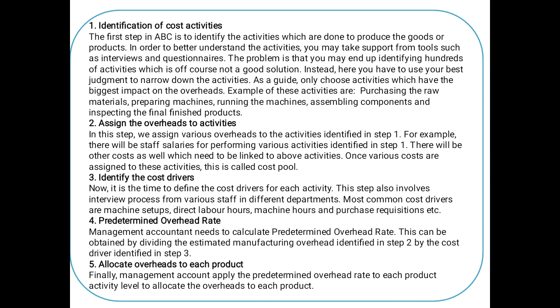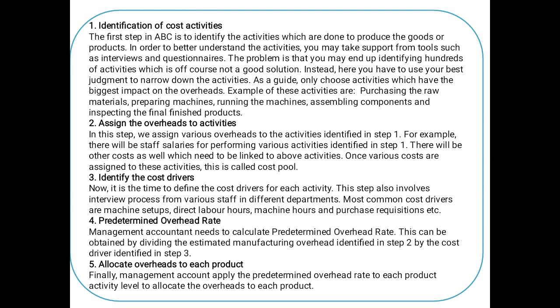The third step is to identify the cost drivers. Now it is time to define the cost driver for each activity. A cost driver is a base on which you can distribute or assign the overhead to different activities. This step also involves interviewing staff in different departments. The most common cost drivers are machine setups, direct labor hours, machine hours, and purchase requisitions.